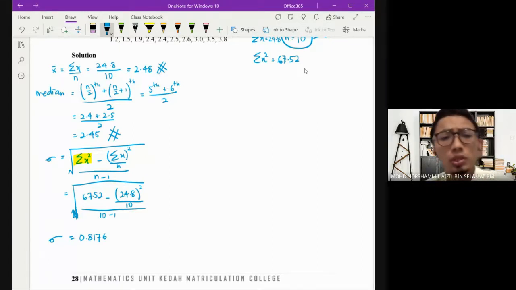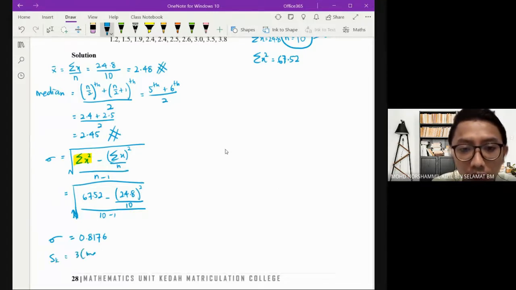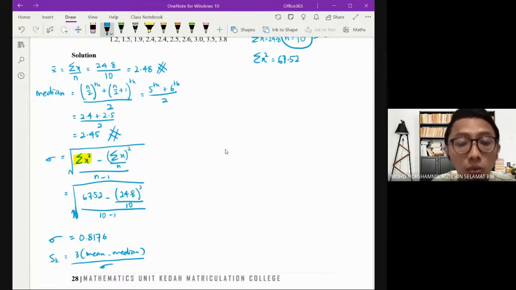Okay, how to distinguish whether we want to make it 3 decimal places or 4 decimal places? Because we still need to calculate the Pearson's coefficient, using the formula of 3 times mean minus median, divided by our standard deviation. We still need to calculate using the values that we obtained before.